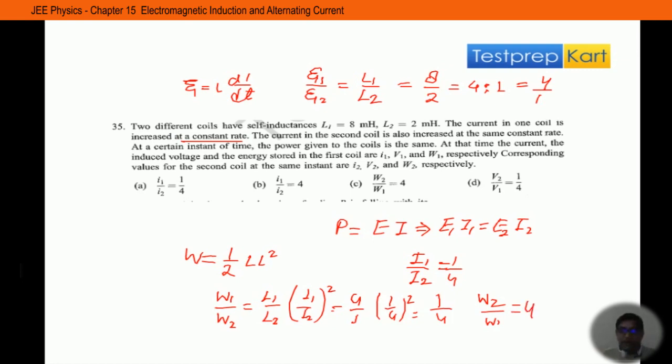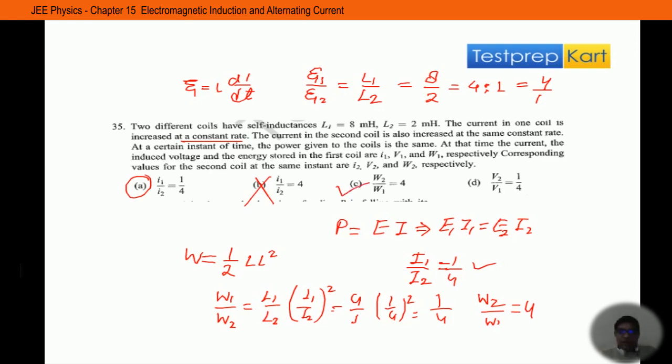Okay, so we need to cross verify the options in this case. Option A, I1 over I2 is 1 by 4. We already calculated this, so option A is right. Second option is not correct. Next, W2 over W1 is 4, so this option is also correct.